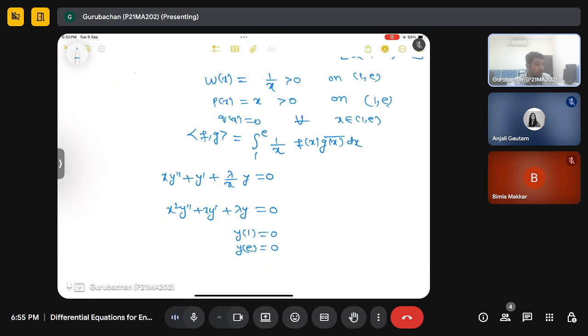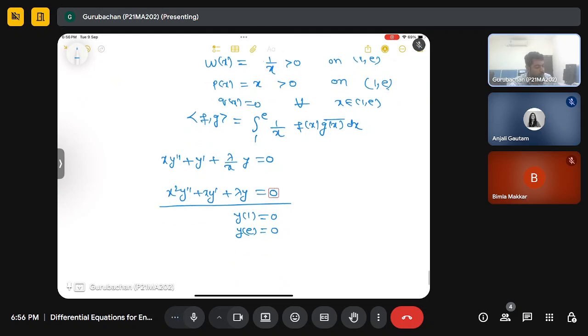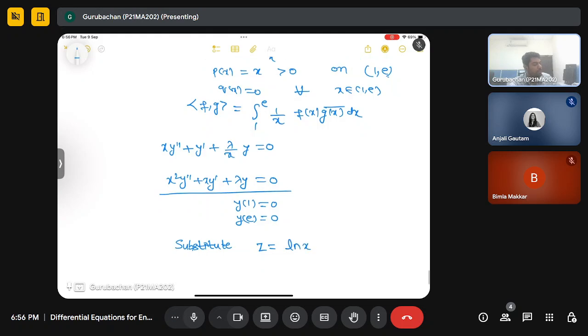If you observe closely, this is nothing but an Euler-Cauchy form. So what you will do is substitute z = ln x. So dz/dx will be 1/x.